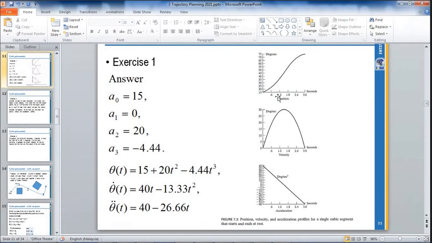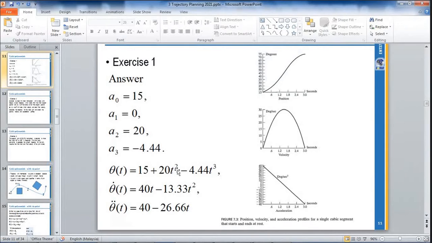If you use 1.8 as a middle value, or 1.5, you just replace your T equal to 1.5, 1.5 power of 2, 1.5 power of 3. So you get the value and then you total this up.